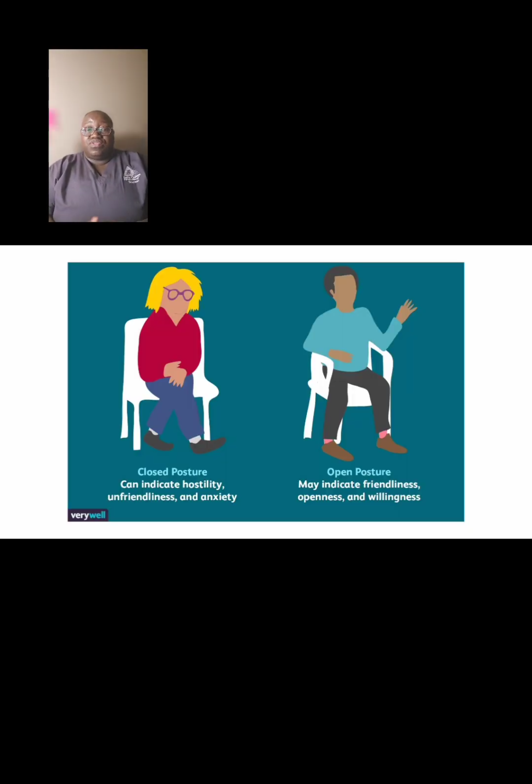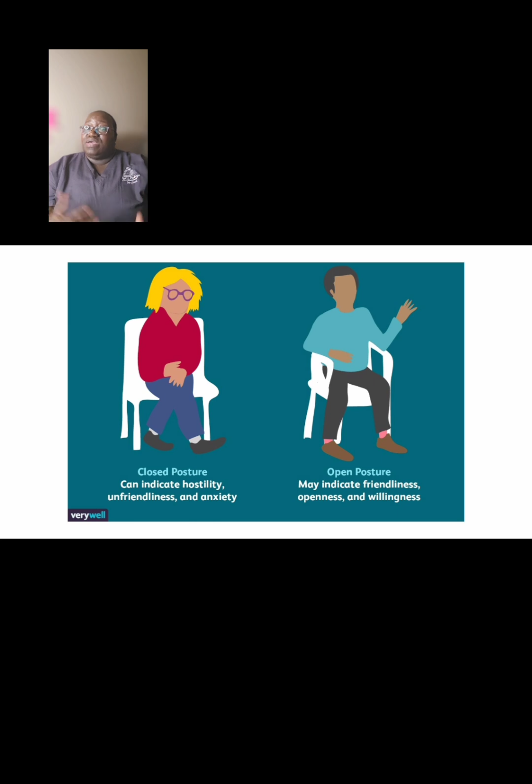This just gives you another example of closed posture. Remember we talked about folding your arms or being closed. This can indicate hostility, unfriendliness, and anxiety. And sometimes it can push clients away if they see that you're like that.